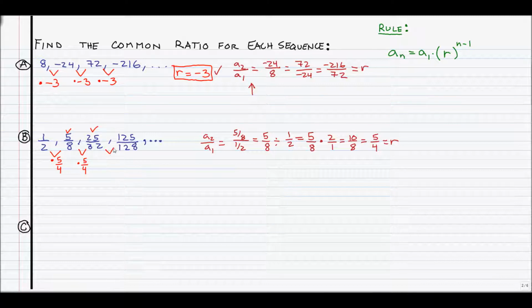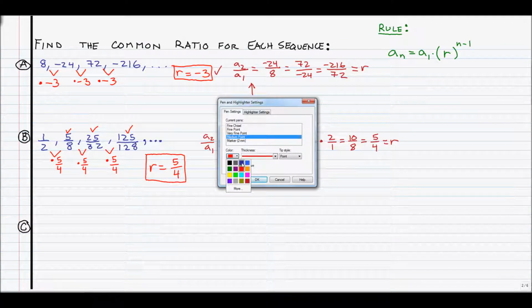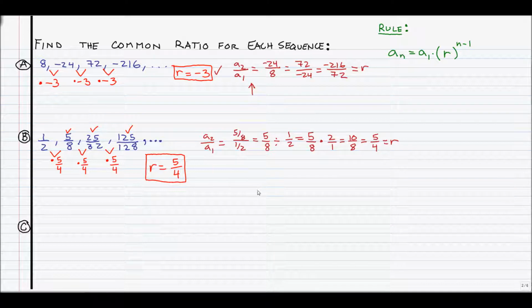This one works too, and I'm just going to point out that if you multiply 25 times 5 and 32 times 4, you will in fact get this one as well. So it appears that we have in fact found our common ratio, and that common ratio is equal to 5 over 4. Hooray us. Good job, us. Questions? Oh yeah, sorry, awkward. Can't actually answer them.